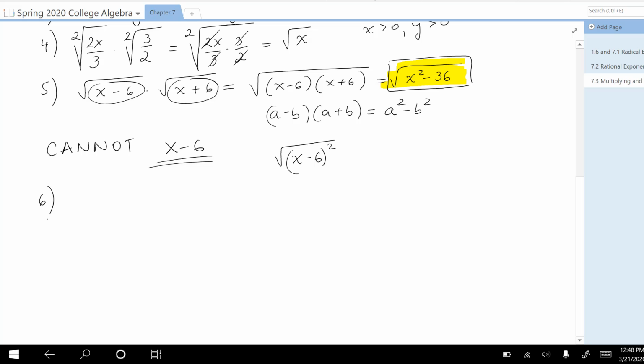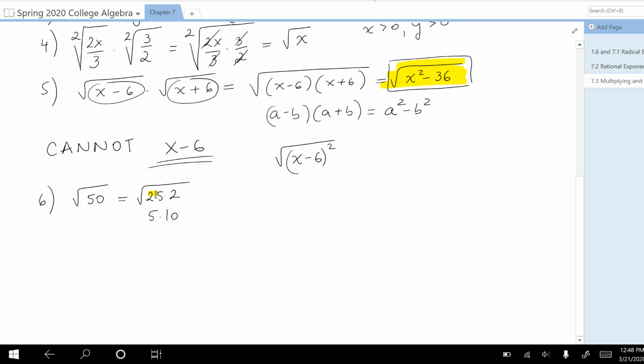Okay, a few more problems. Square root of 50. What if we have to simplify that? Well, if you think about it, 50 can be written as 25 times 2. Well, 50 can be written as 5 times 10, and it can be written as 1 times 50. But why did we choose 25 times 2?